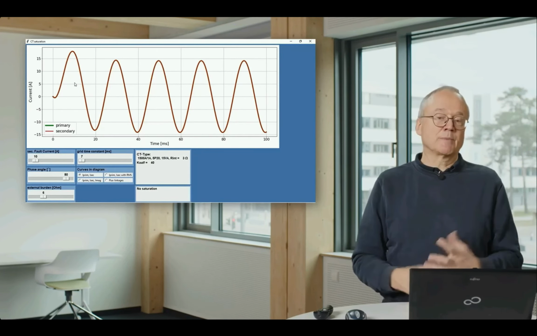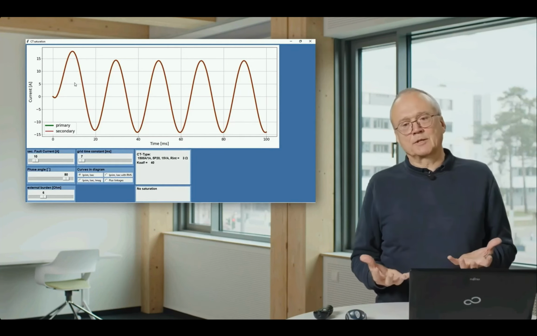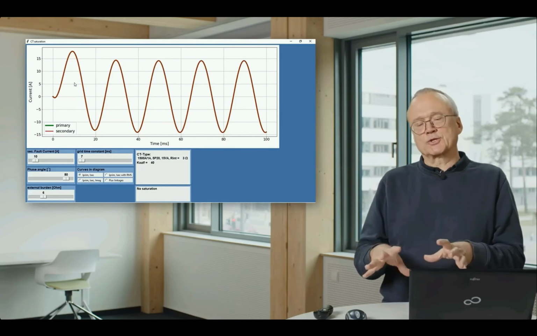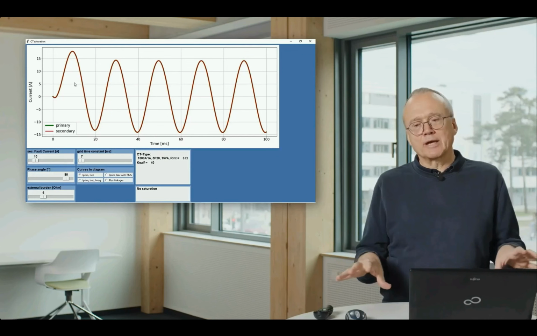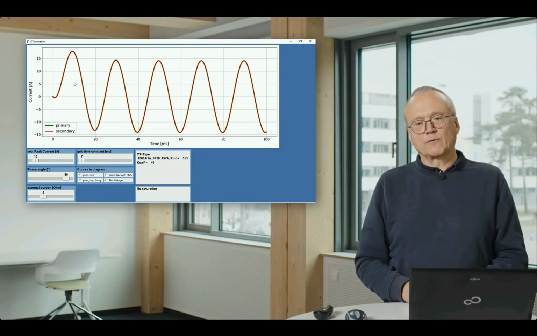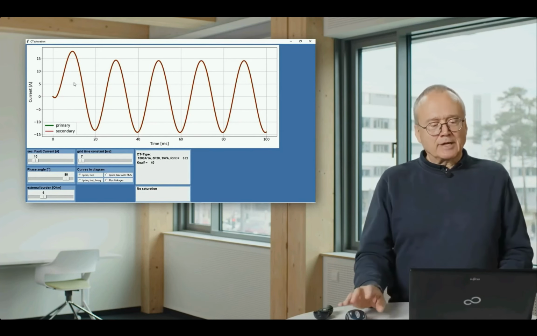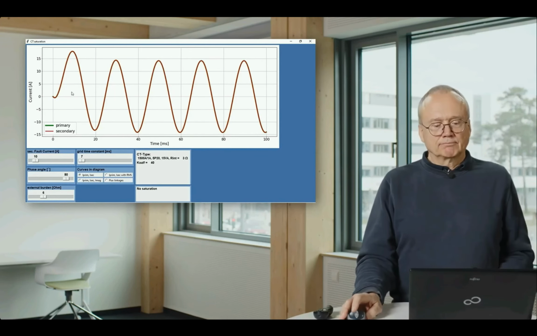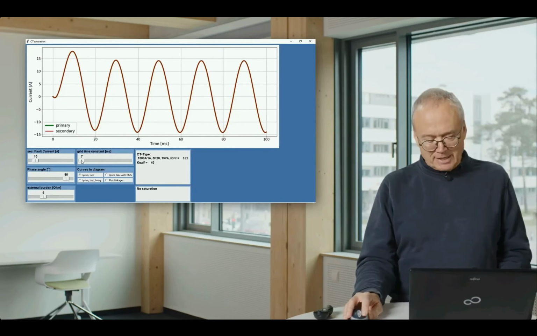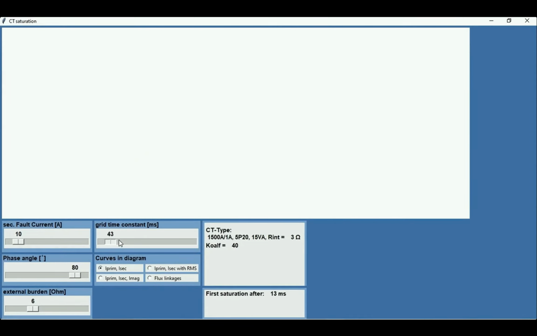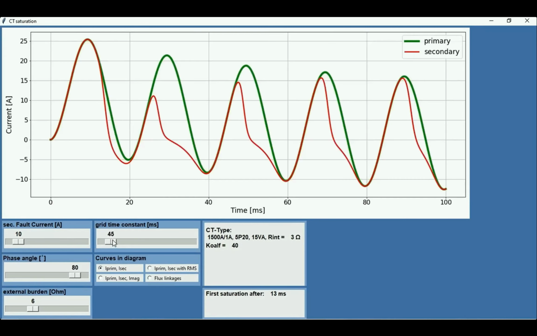have these time constants. If we go into a transmission system, again, we have a short circuit at a location which is away from feeding transformers. We may have time constants around 30, 40 milliseconds. Then it looks already a bit different. Then you see with 40 milliseconds, it takes a bit more time until the DC component is gone.